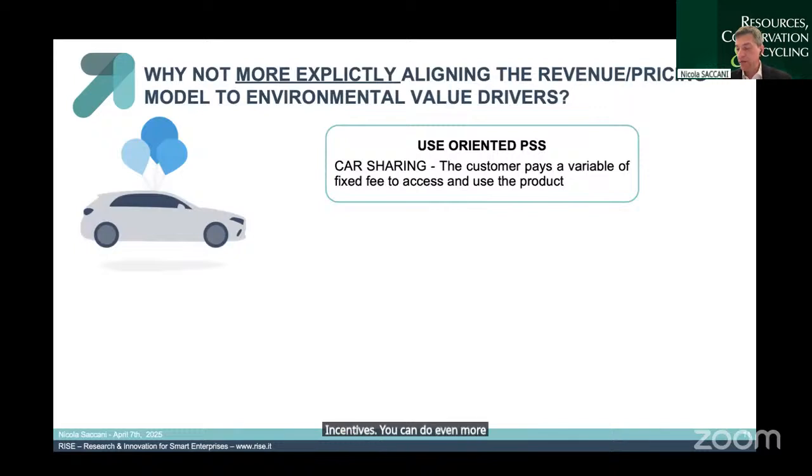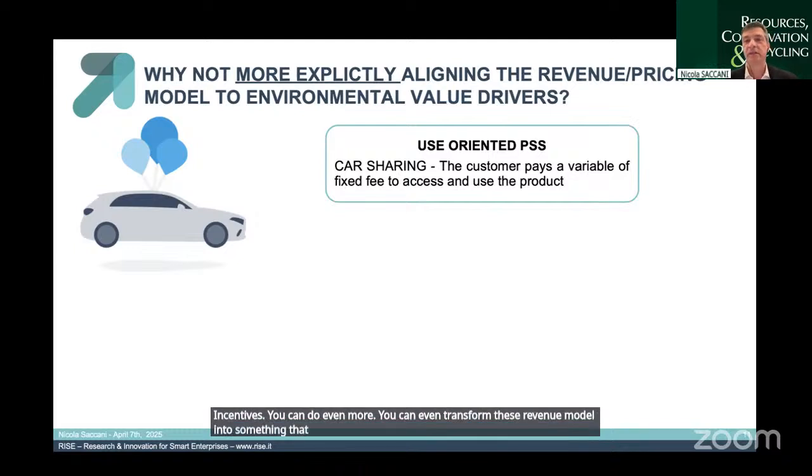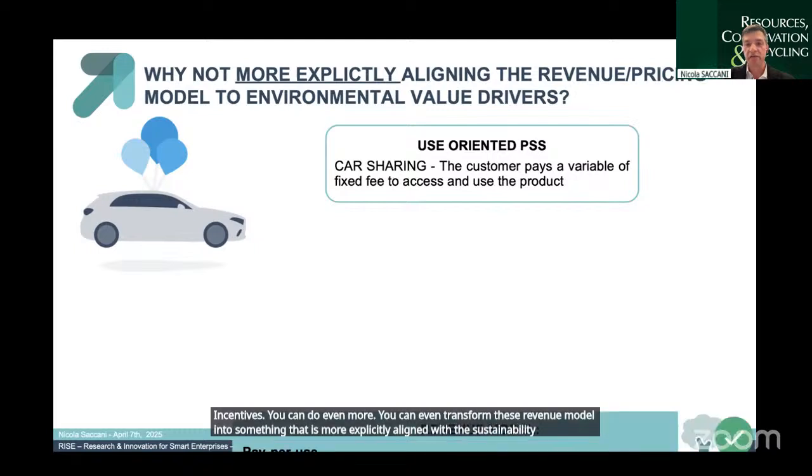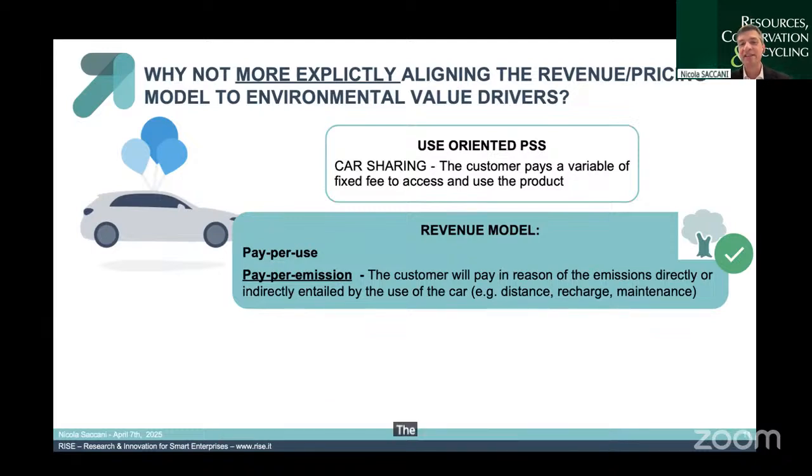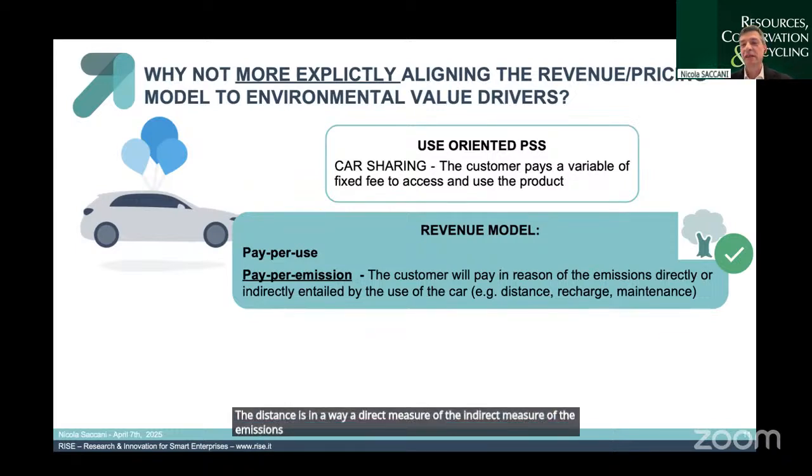You can even transform this revenue model into something that is more explicitly aligned with the sustainability objectives. For instance, you can transform the pay-per-use into a sort of pay-per-emission, where the customer will pay in reason of the emissions that are directly or indirectly entailed by the use of the car. The distance is, in a way, a direct measure of the indirect measure of the emissions, but also of the amount of energy or fuel that is consumed, the level of maintenance, and so on.